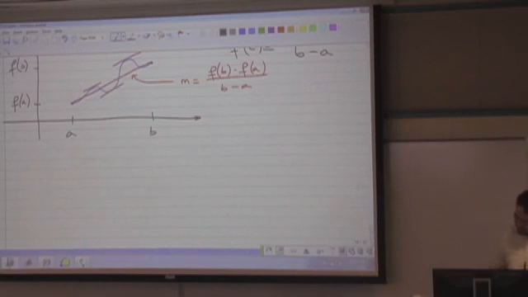So why don't we look at a problem? You want 11 or 13? 13? Okay. f of x equals e to the minus 2x, and we're looking at the interval between 0 and 3.